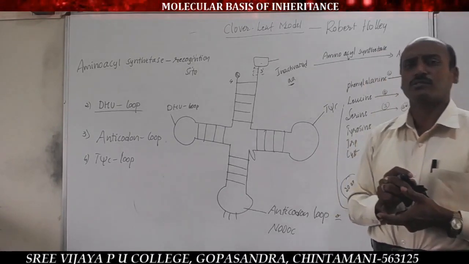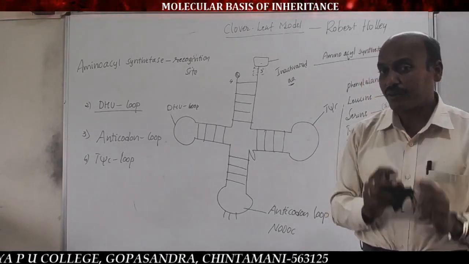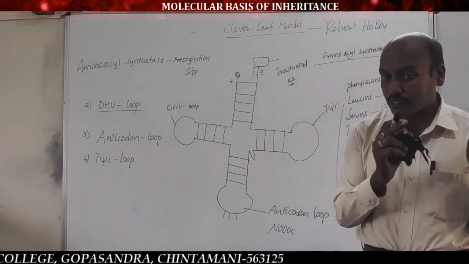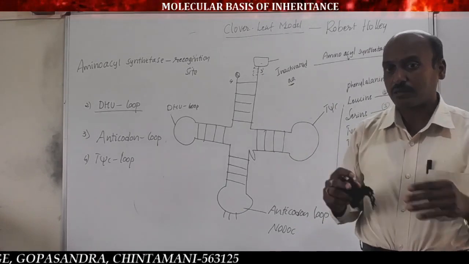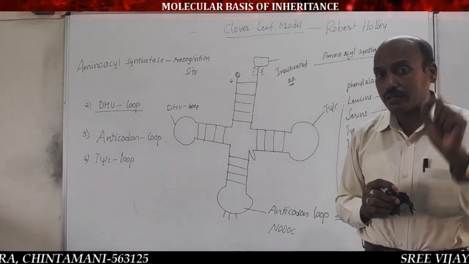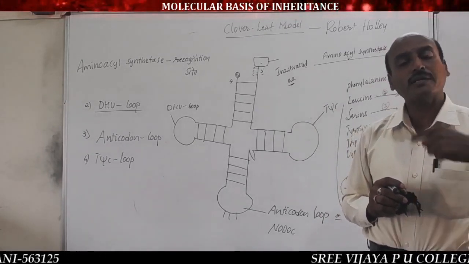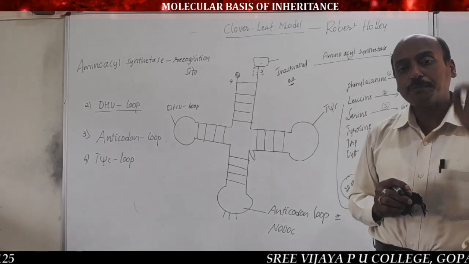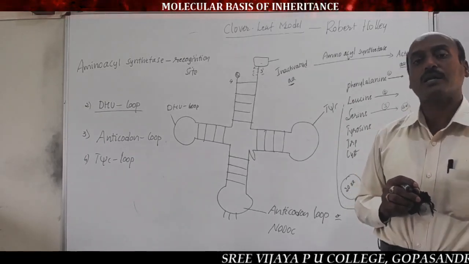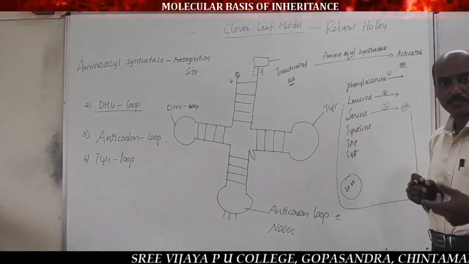It means a single amino acid synthetase enzyme never converts all 20 inactivated amino acids into activated amino acids. Each specific inactivated amino acid is converted into activated amino acid by a specific, particular amino acid synthetase enzyme. That is our topic explanation.